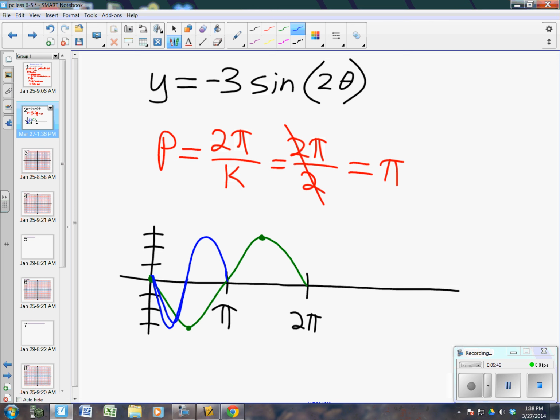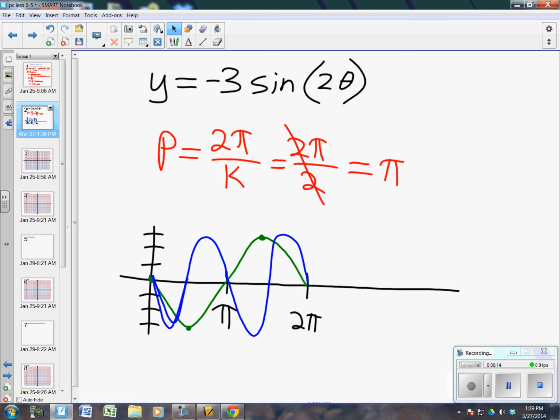And then we're going to have another cycle take place right here. In other words, k tells how many cycles take place between 0 and 2 pi. And so you can see we had 2 cycles between 0 and 2 pi, or a period took pi units to complete. Any questions? Do you remember that? From last time, I think you guys had that down pretty good.